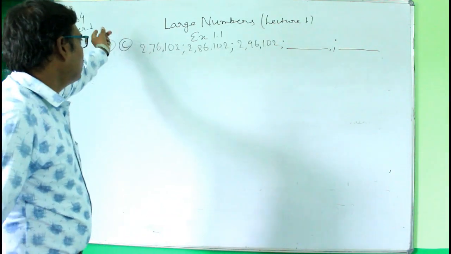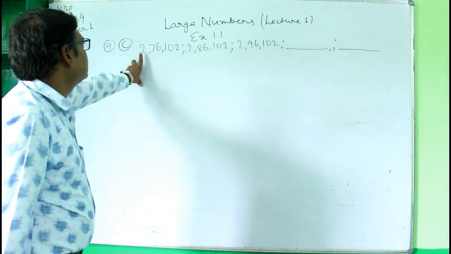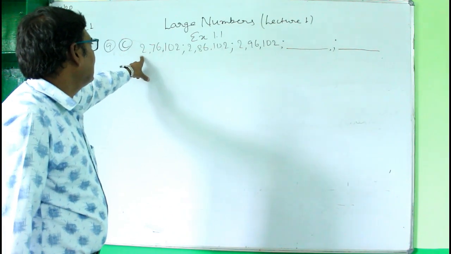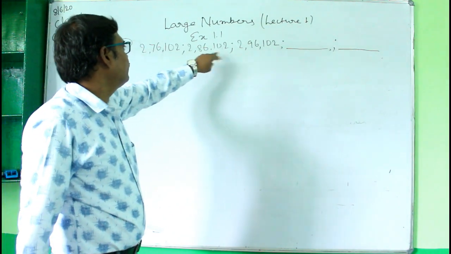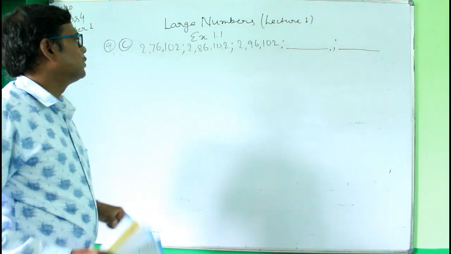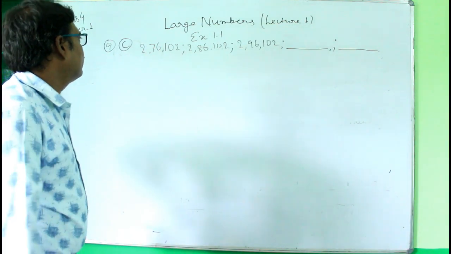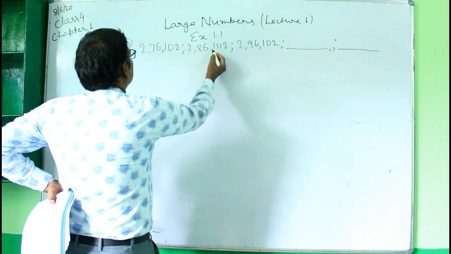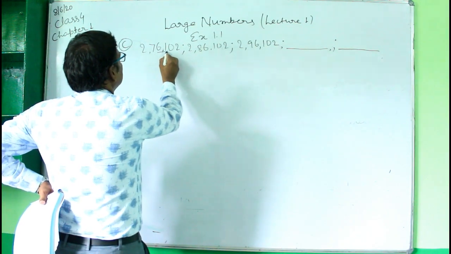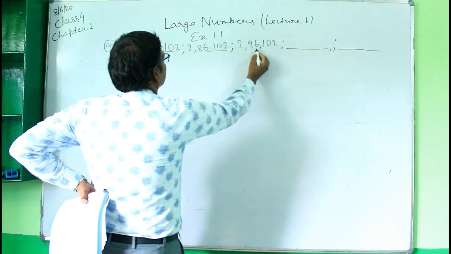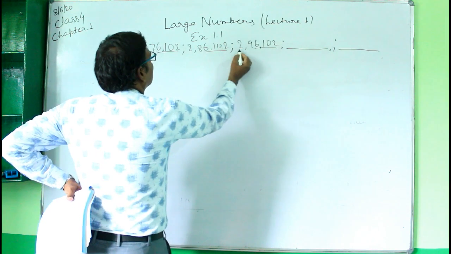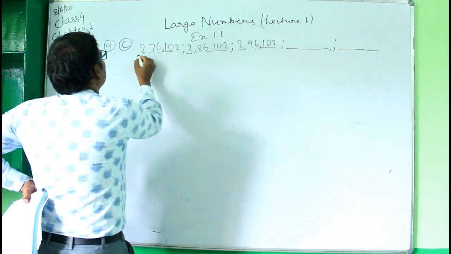Now first observe the pattern here. This is at the lakhs place, so 2 is there everywhere. So what is changing? First observe what number is changing. The 6102 is the same here, and here also, and 2 is there in all.